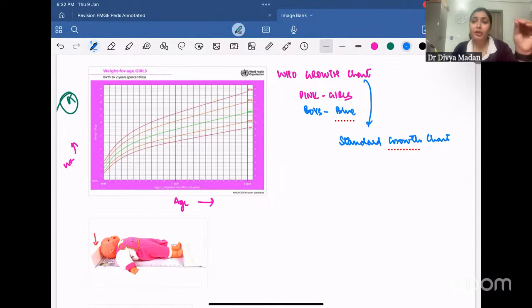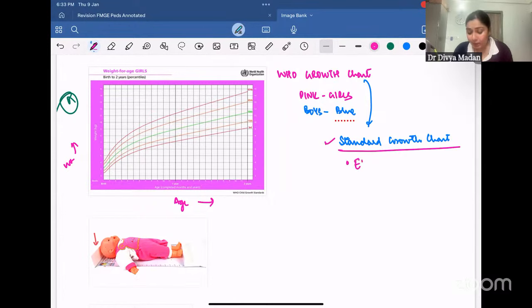Those who are formula fed or mixed fed won't be enrolled. So this is a standardized growth chart. On the other hand, if I just sit in my office and record the data of each and every child that comes, without looking at whether this child is breastfed, formula fed, or animal milk fed, that is a reference growth chart. Standard growth charts are used, they are better. Reference growth charts give a picture of that particular population, but they're not used that frequently.